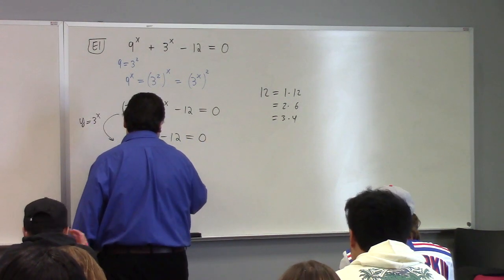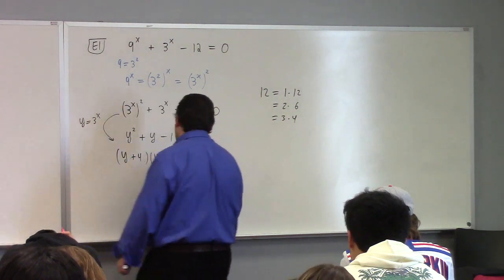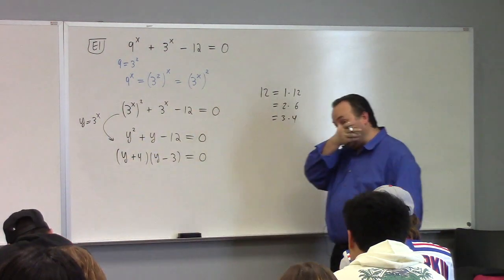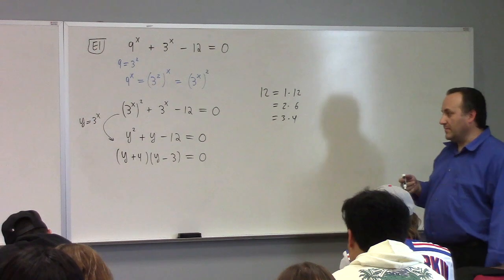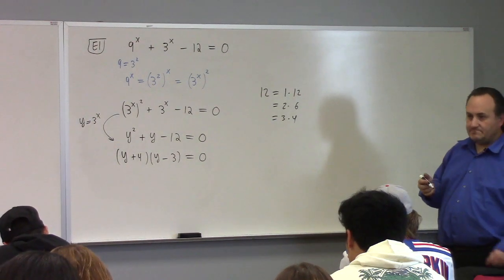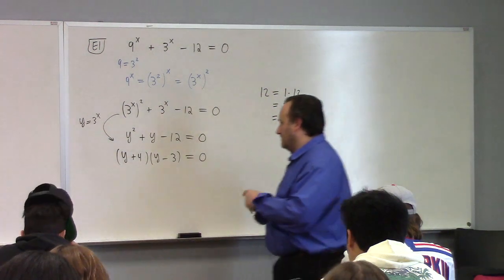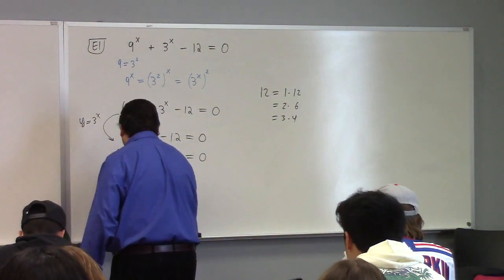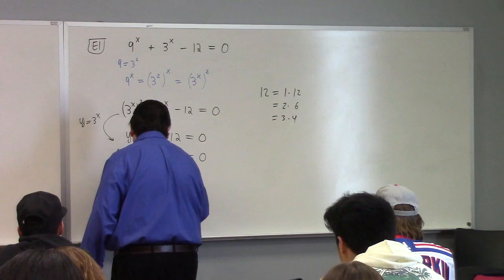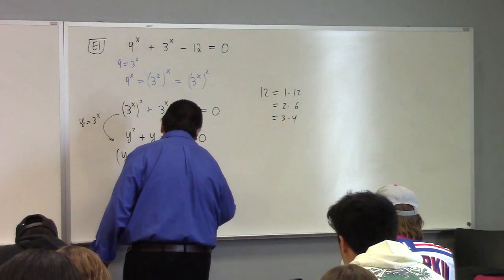So y plus 4 times y minus 3 is equal to 0. So what does this tell us? We've got y equals minus 4, or y is equal to 3.